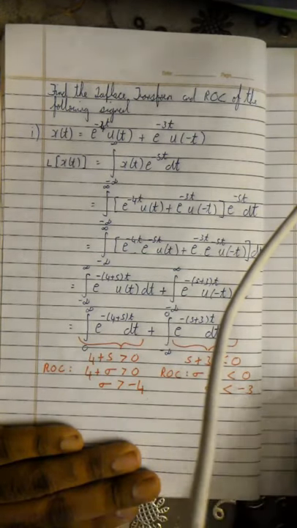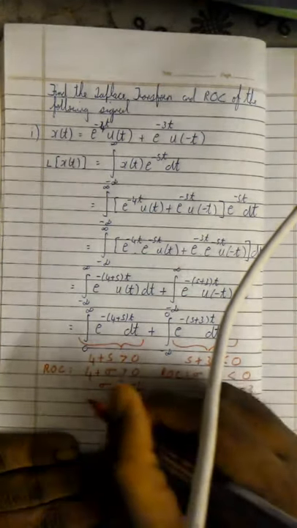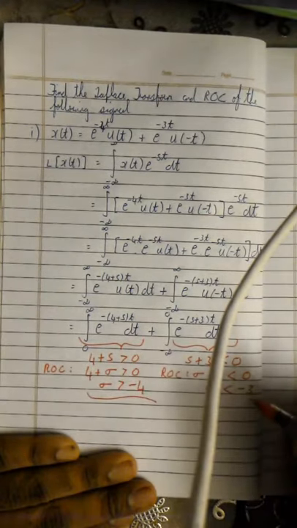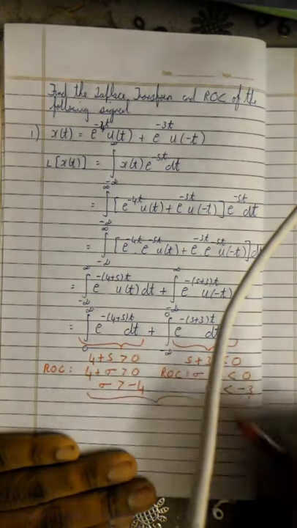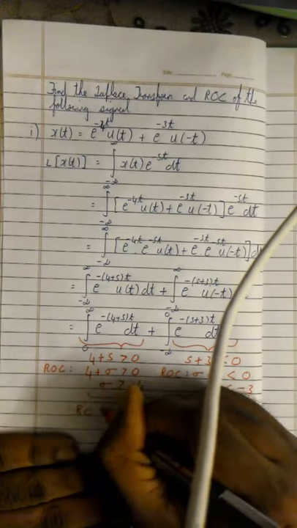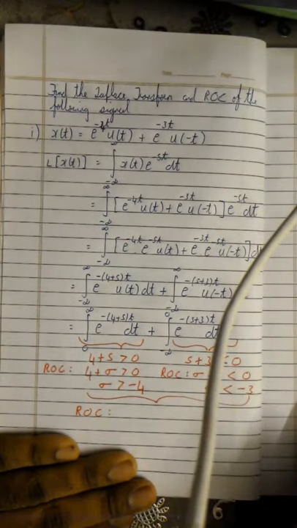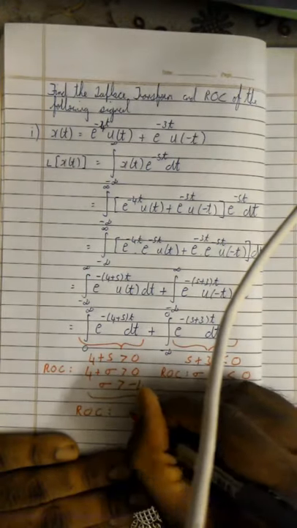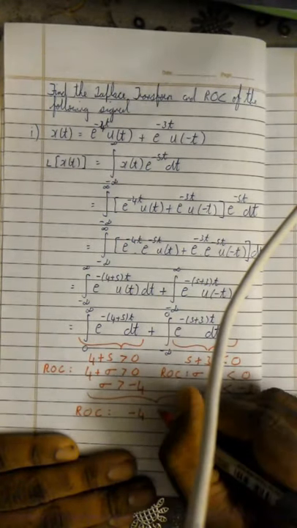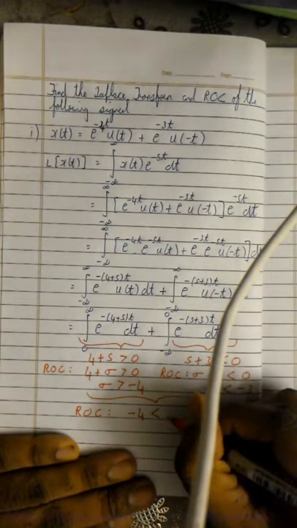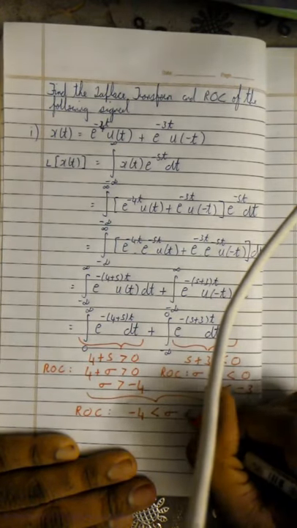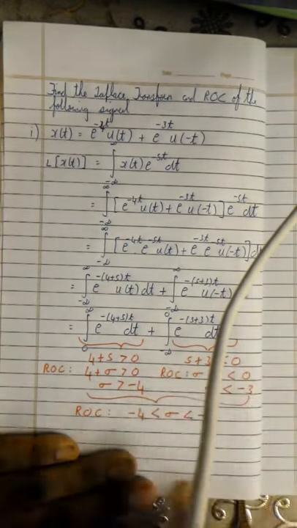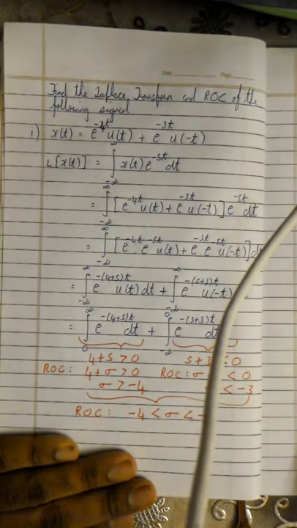So my overall ROC must be greater than minus 4 and less than minus 3. So this is my overall ROC: minus 4 less than sigma less than minus 3. This is my overall region of convergence.